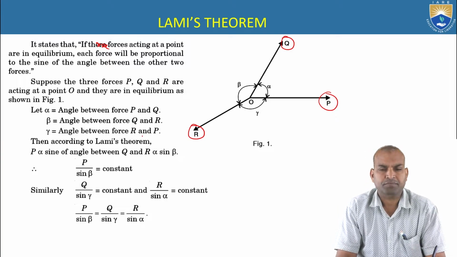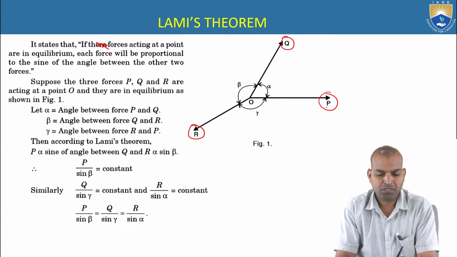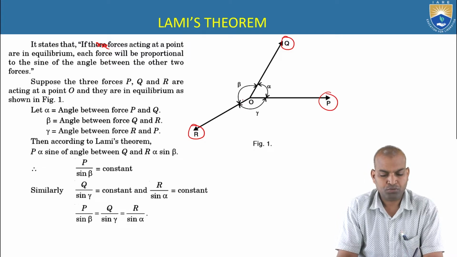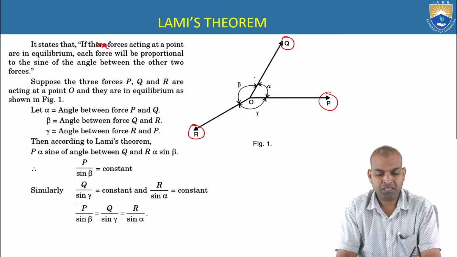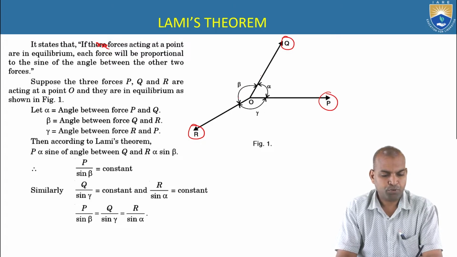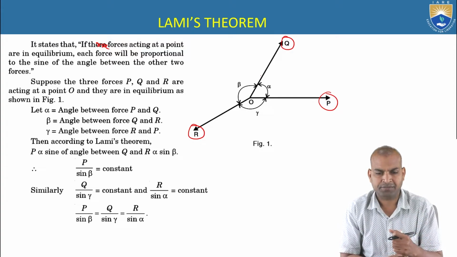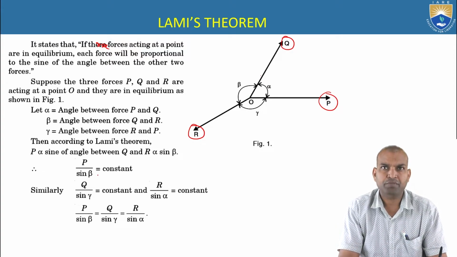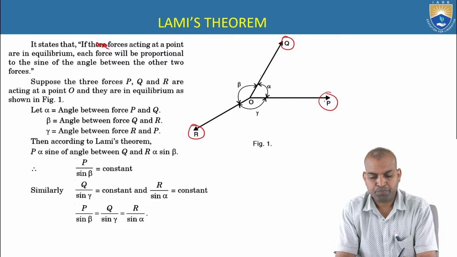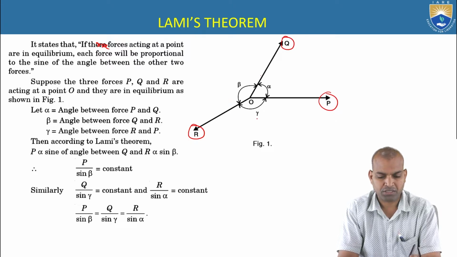the sine. Each force, suppose if we consider the P force, is proportional to the sine of the angle between the other two forces. So if three forces are acting at a point in equilibrium, that means these forces are acting at some angles which are in equilibrium. Each force P will be proportional to the sine of the angle between the other two forces.